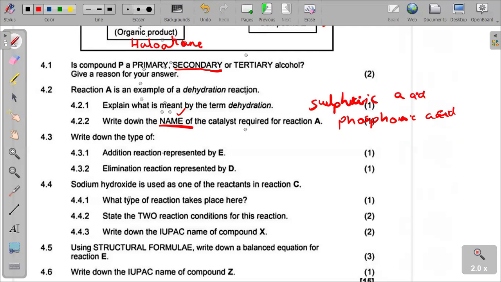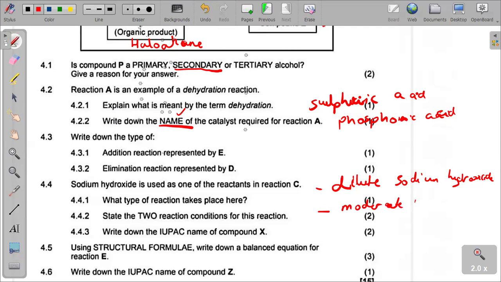So state the two reaction conditions for this reaction. Number one, we need a dilute strong base, or we can be specific since they said sodium hydroxide is used. So we'll say dilute sodium hydroxide. We may need water, but for this reaction, since we have used sodium hydroxide already, dilute sodium hydroxide is the one we need to indicate.